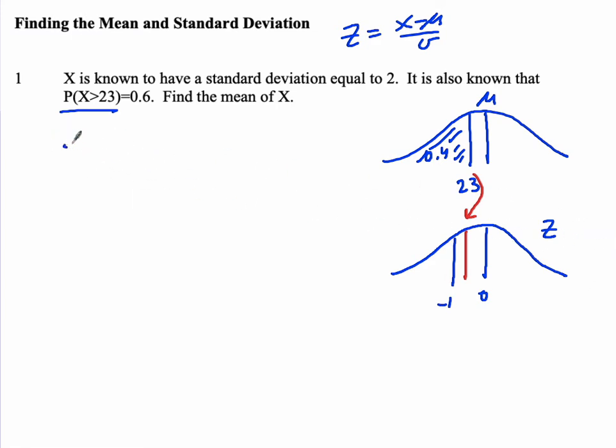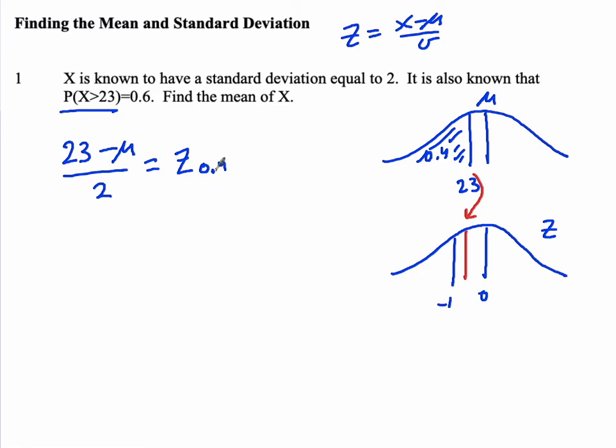The particular x value we're talking about is 23. 23 minus mu over sigma, which is 2, should be equal to the z-score that gives me a probability of 0.4. Okay?